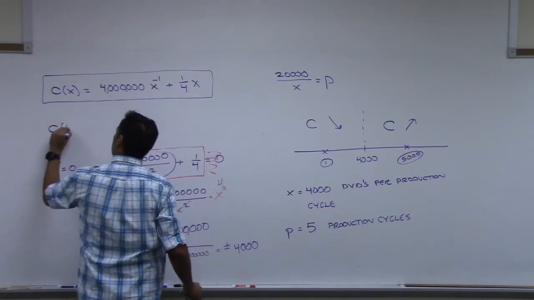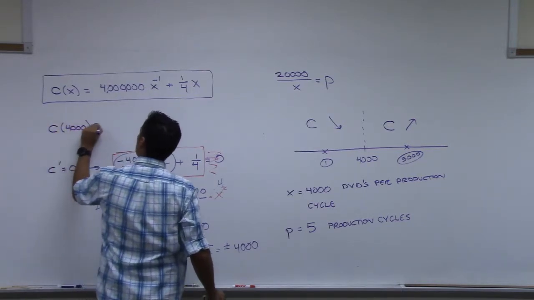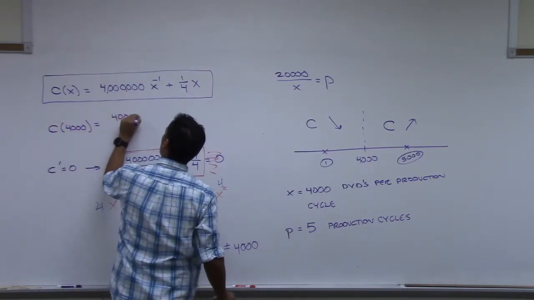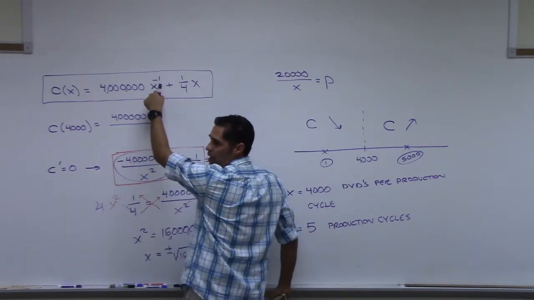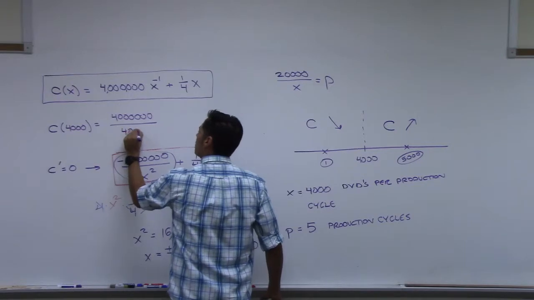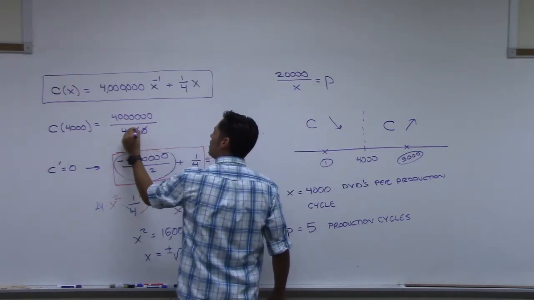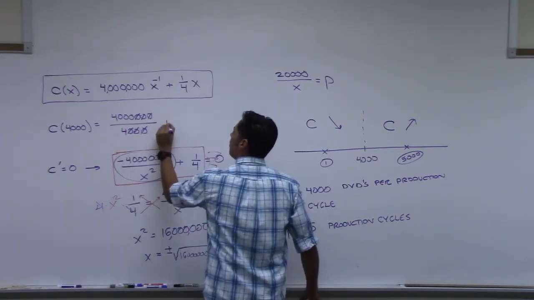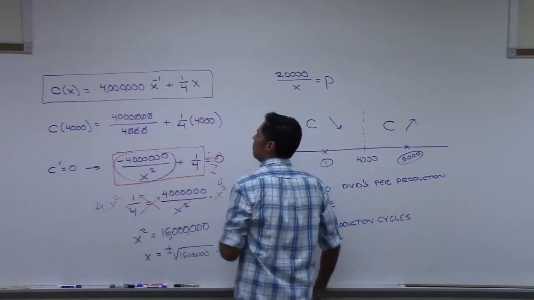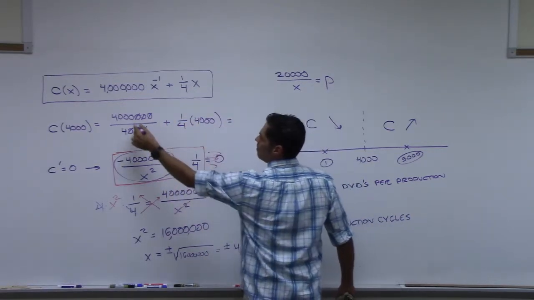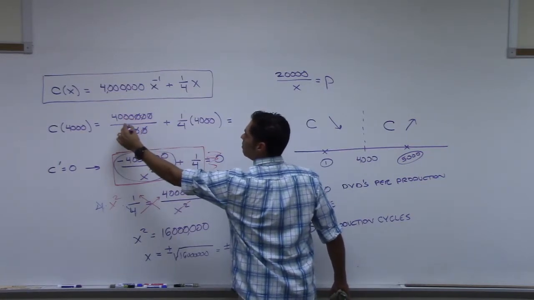C of 4,000 would be 4 million, right? 4 million, and then this is really over X, right? So over 4,000, so we get zeros cancel here, and then plus 1/4 of 4,000. So you end up with 5,000. So this is going to be 1,000 there, right?